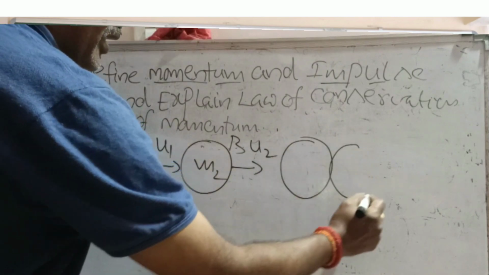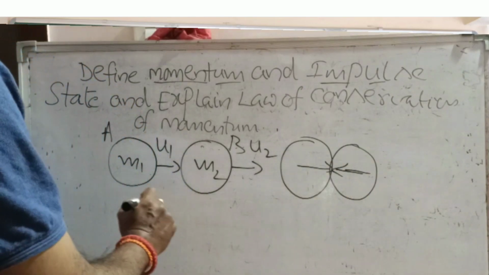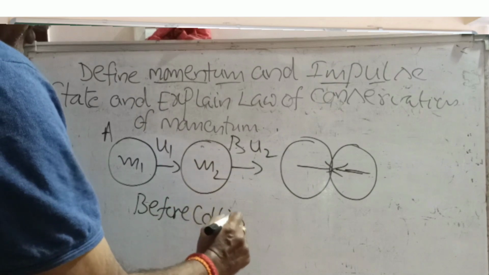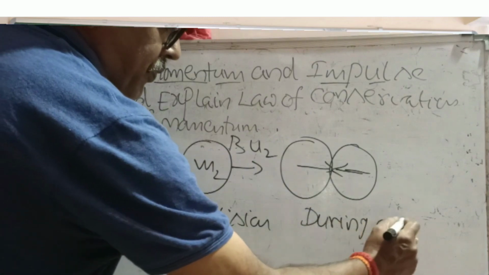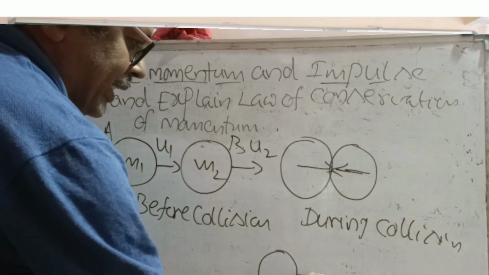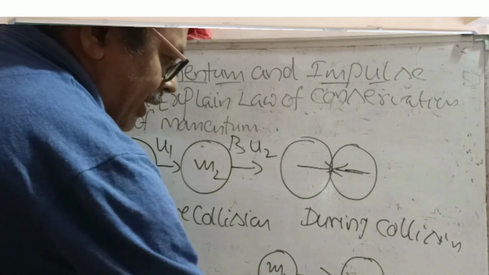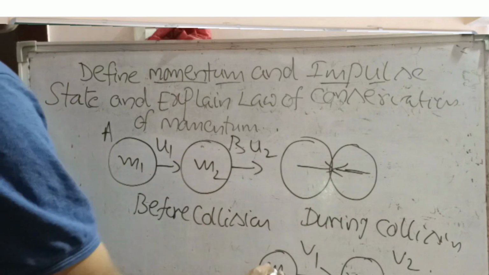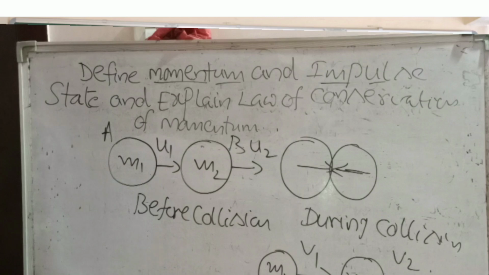These two bodies collide with each other for a short interval of time. This is before collision, and here is during collision. Once they collide, they start moving with velocities v1 and v2. m1 attains the velocity v1 meters per second, and m2 attains the velocity v2 meters per second.